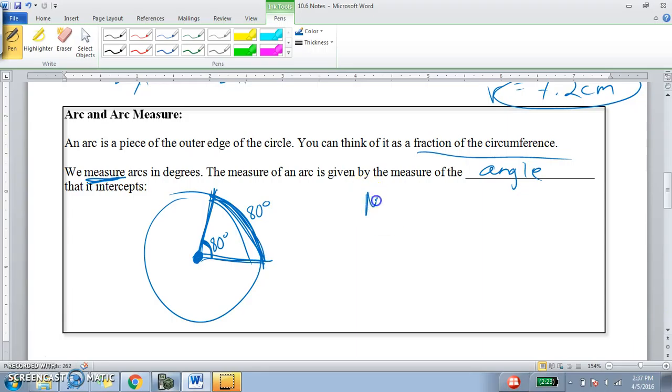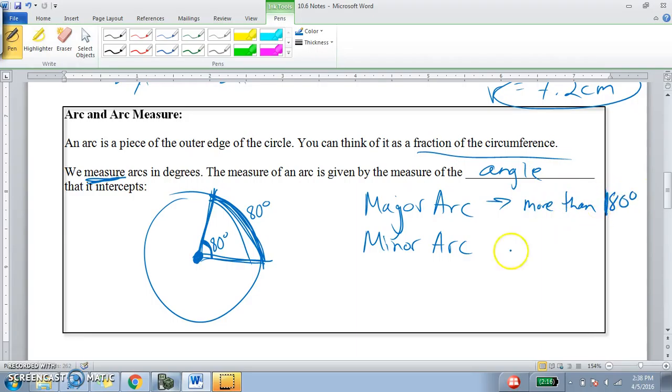We also have things called a major arc and a minor arc. A major arc is more than 180 degrees, and a minor arc is less than 180 degrees.